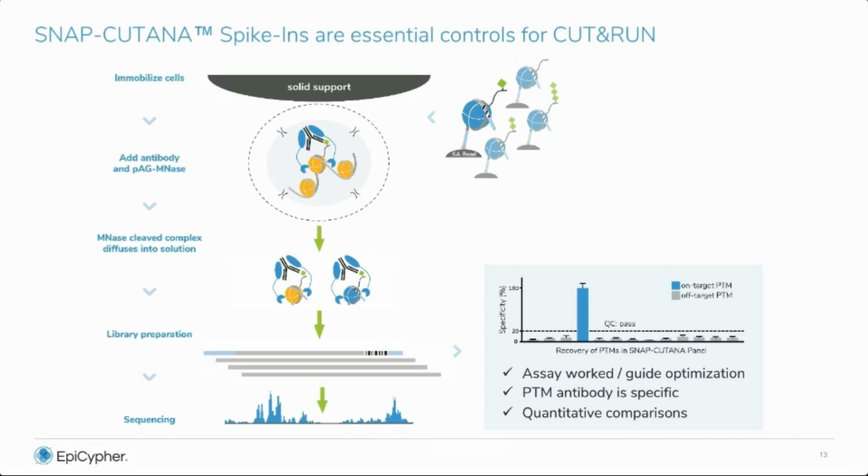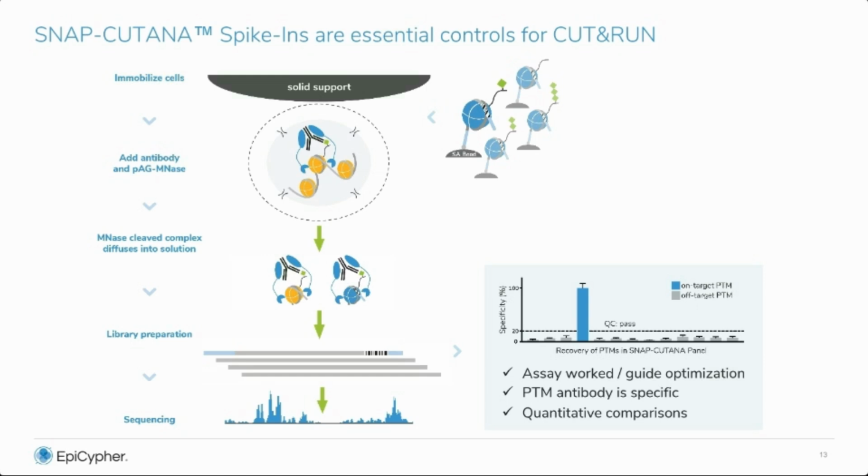And the nice thing about this workflow is it was very amenable to that very similar flavor of those nucleosome spiking controls that I just talked about for ChIP. And so we had to go back to the drawing board and redesign our spike-ins for CUT&RUN because the workflow is a little bit different. So in ChIP, if you remember, you're fragmenting your chromatin and then you're using immunoprecipitation to try to fish your antibody out of solution and wash away everything that didn't bind.